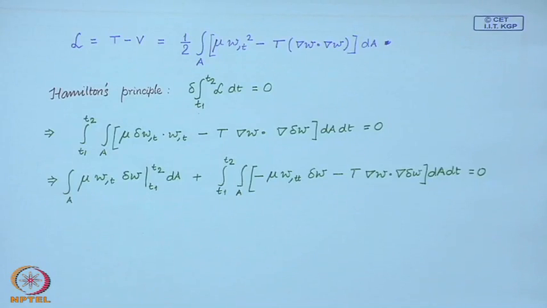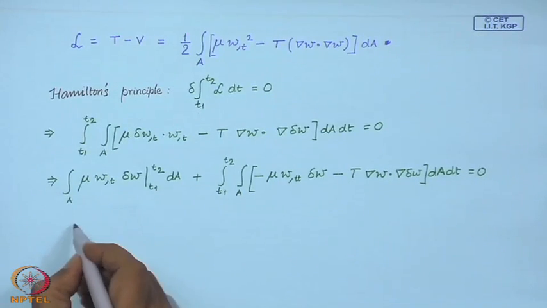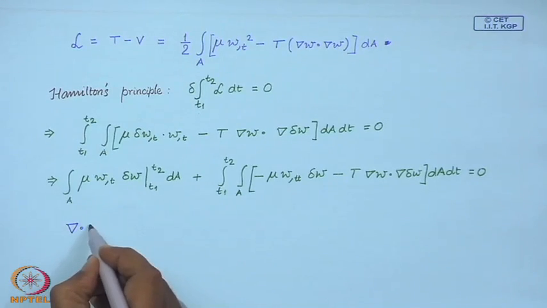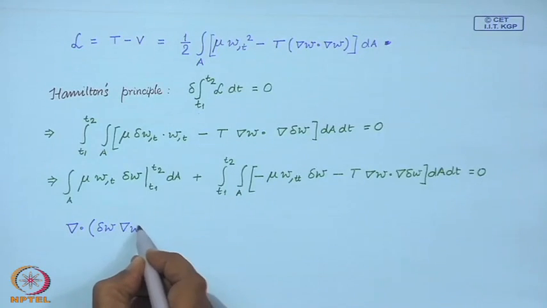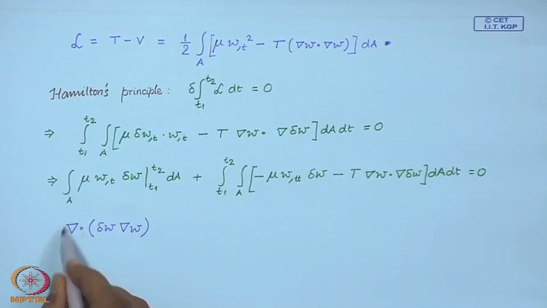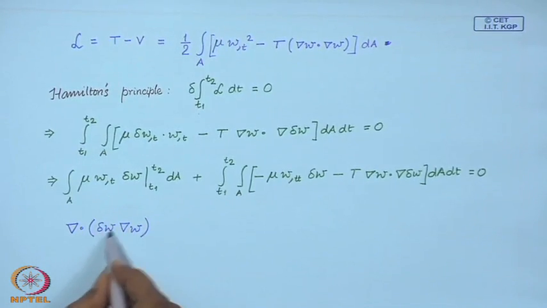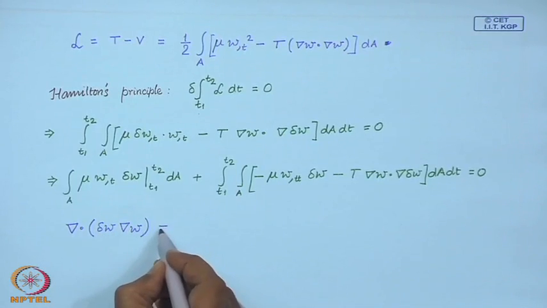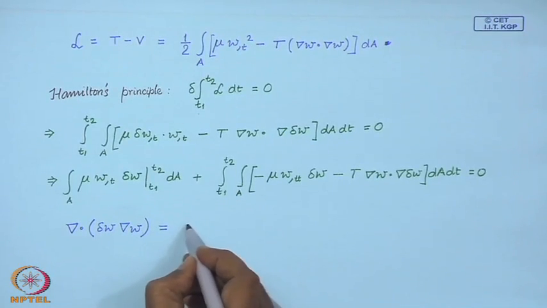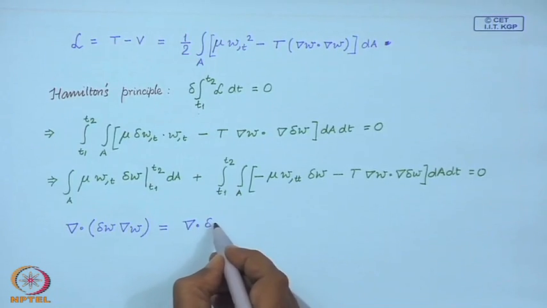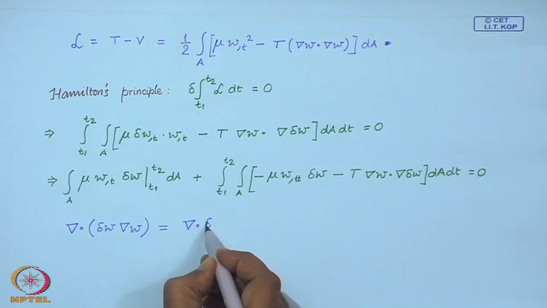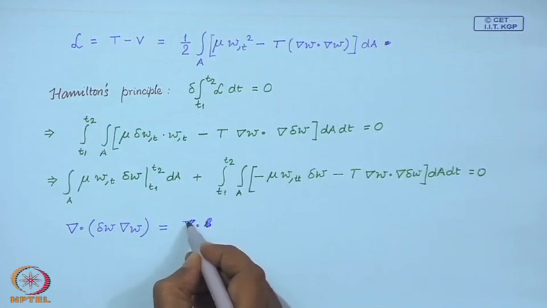So this term, in order to simplify this term, let us look at this identity. So, I am taking the divergence of a vector. So, this is a vector and this is a scalar. So, it is a scalar multiplied by a vector, and we know that this turns out to be so.